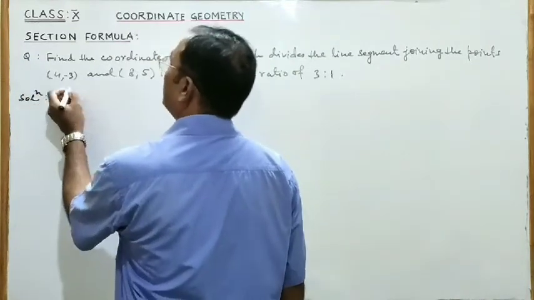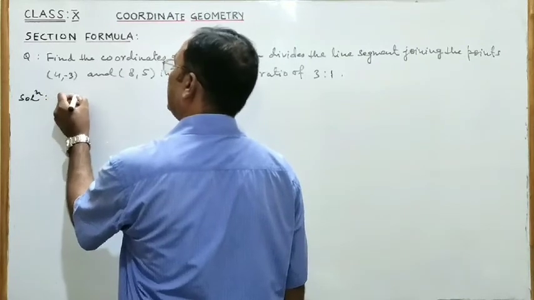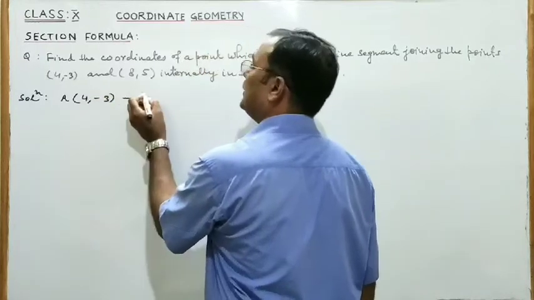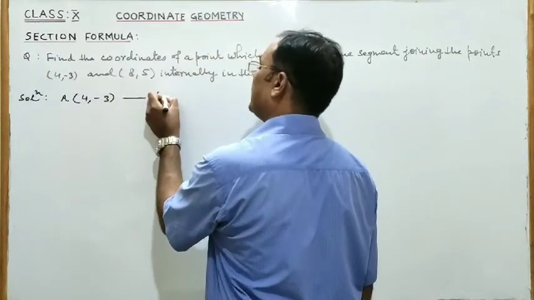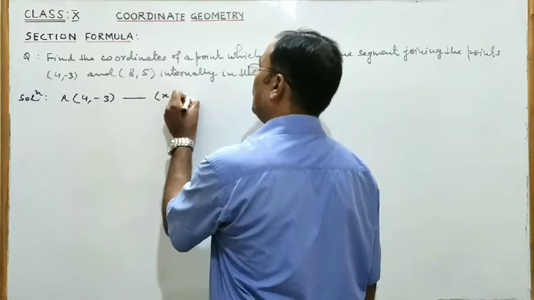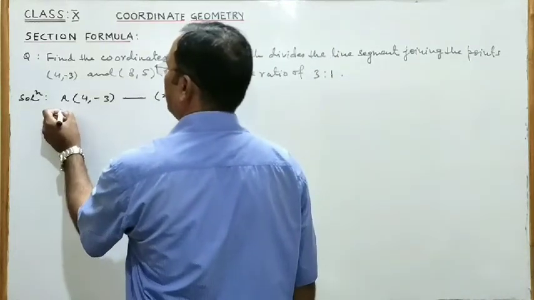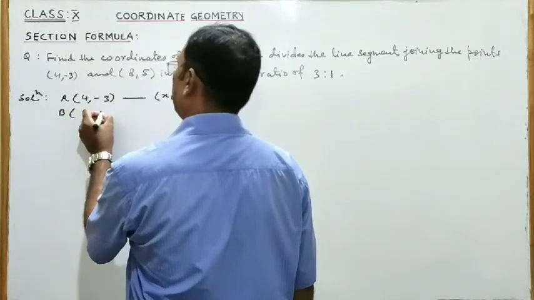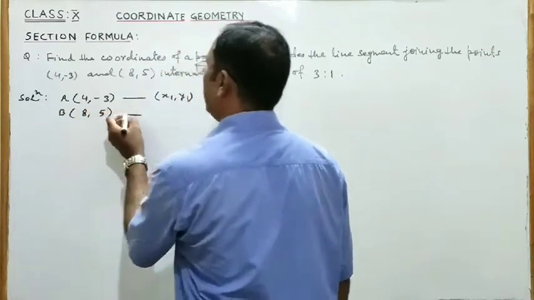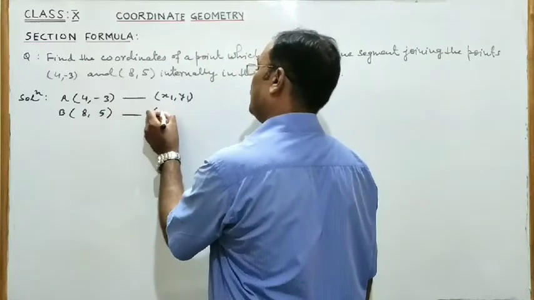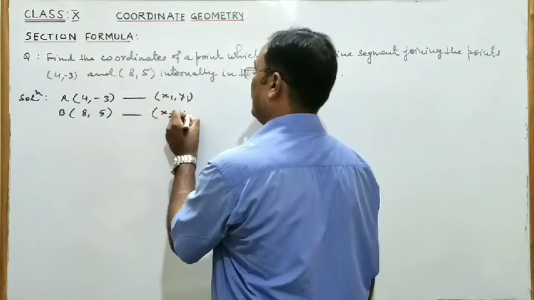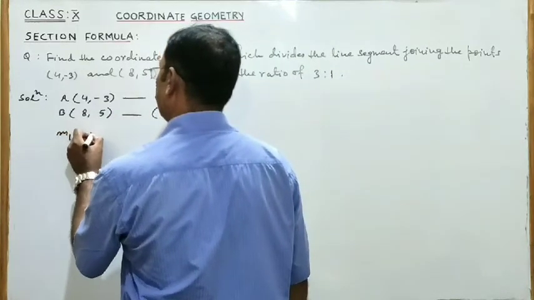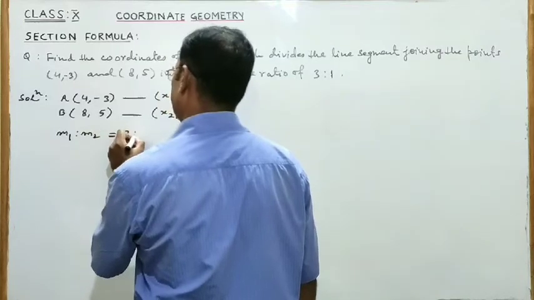Let the first point be A (4, -3), which we consider to be (x1, y1), and the second point be B (8, 5), which we consider to be (x2, y2), and the given ratio m1 is to m2 is equal to 3:1.